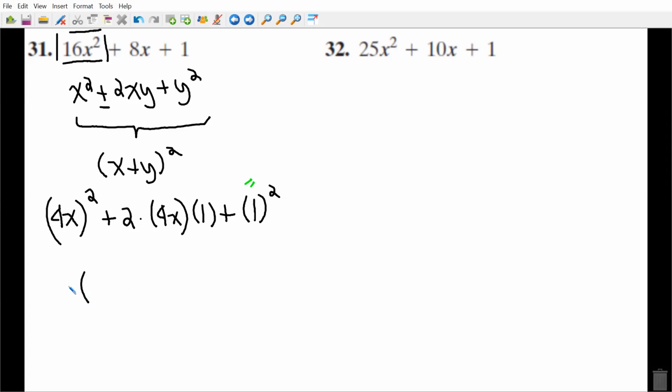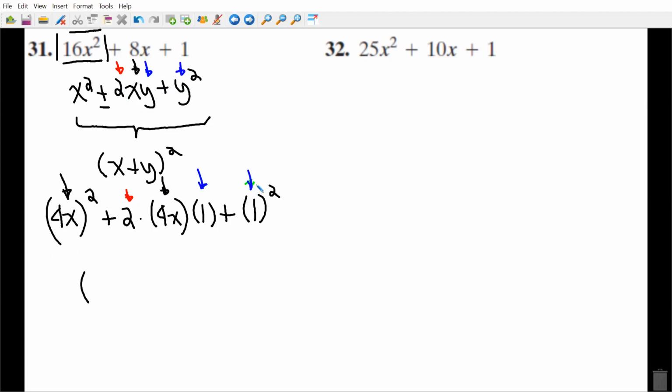Look, guys, what I did was I took the square root of the first term, that is going to be 4x. Then I followed what the rule says. It said, take a 2, I have my 2. Then take the first term, and my first term, and then multiply times the last term, and finally take the last term and square it.